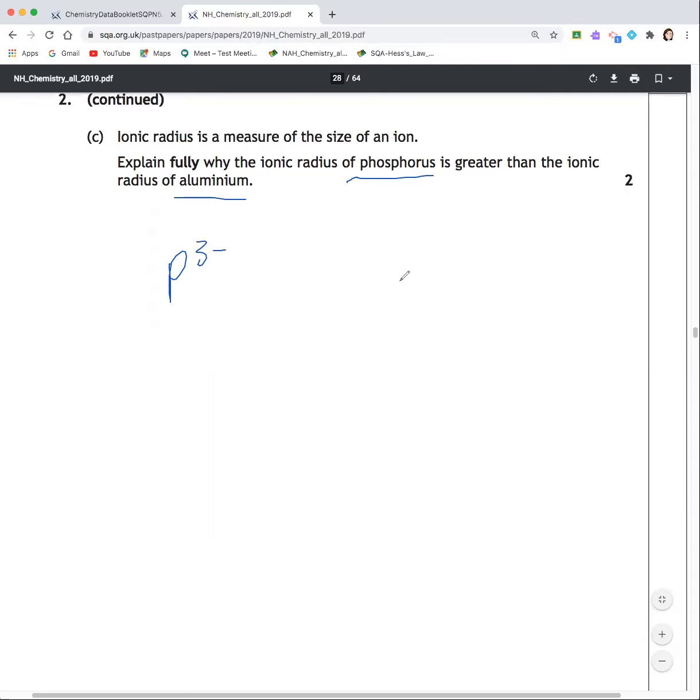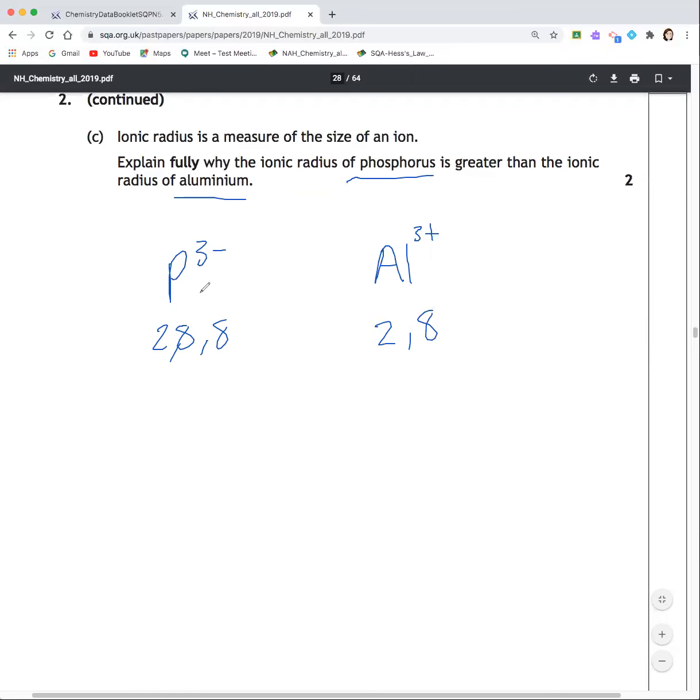So it would become P3 negative. Aluminium would lose 3 electrons to get a stable arrangement, so that becomes Al3 plus. So the electron arrangements of the ions are 2, 8, 8, and 2, 8.